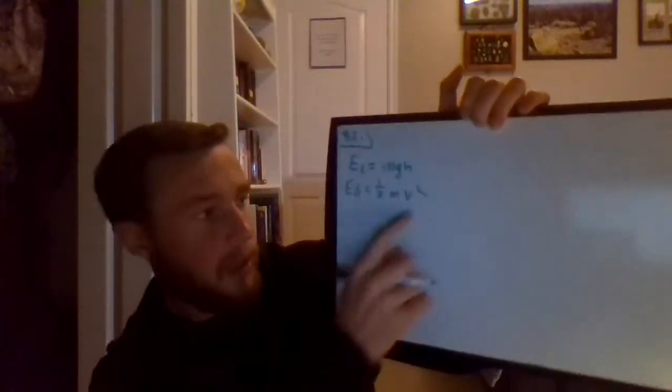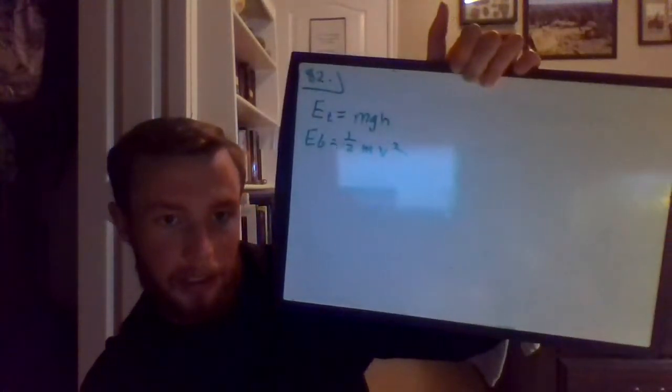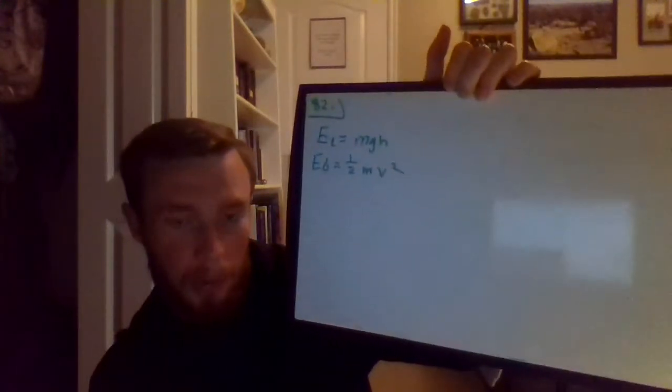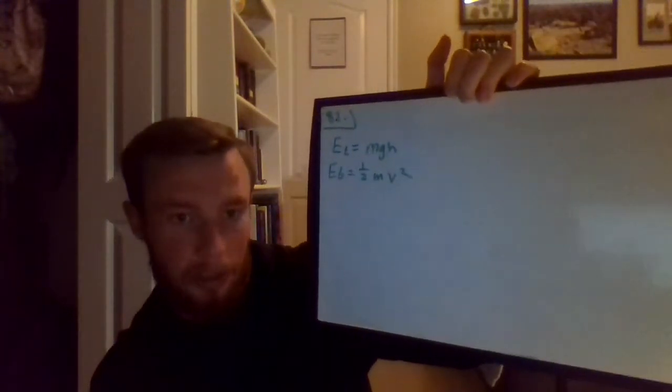Here v is the velocity at the bottom of the slide, and according to the conservation of energy, the energy at the top is equal to the energy at the bottom.